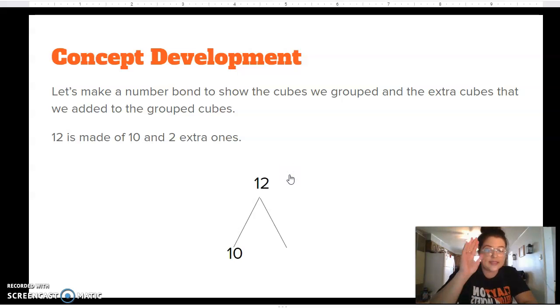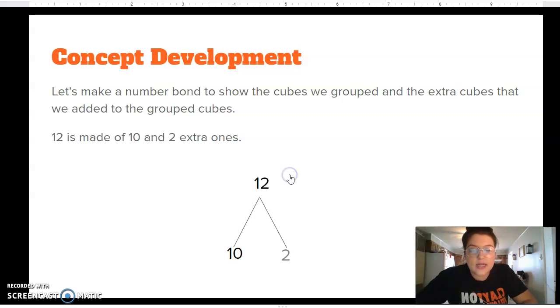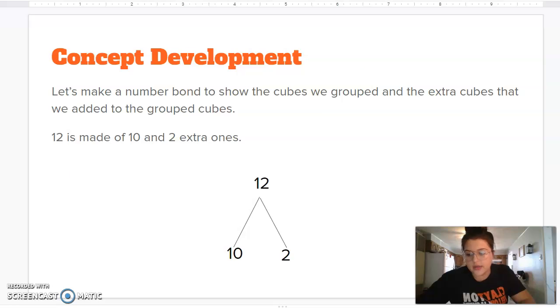So we broke it up into 10. And then what else did we have? 1, 2. So we broke it up into 10 and 2. So you can see here, 12 is broken up into 10 and 2. 10 plus 2 equals 12. Good job.